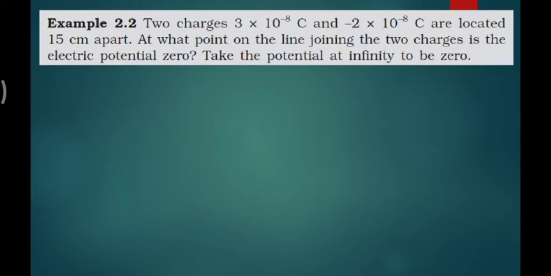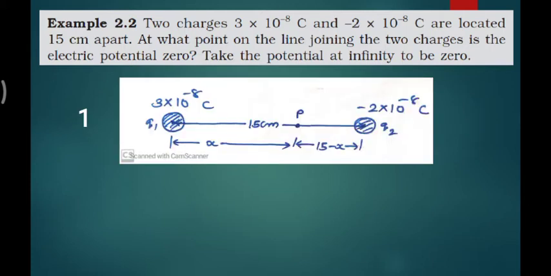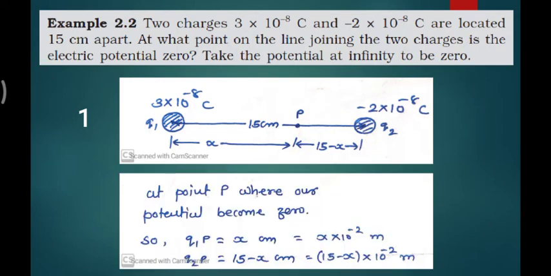Okay, so let's understand. We have one charge 3 into 10 to the power minus 8 and another 2 into 10 to the power minus 8. They are apart by a distance of 15 centimeter. We imagine one point anywhere in between, which is x distance from one of the charges, then automatically the second will be 15 minus x. Then we start the calculation: a point P where our potential will be zero.